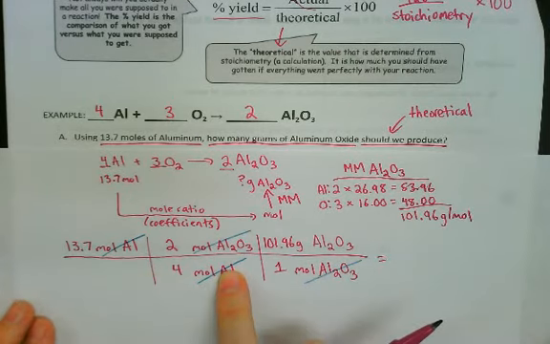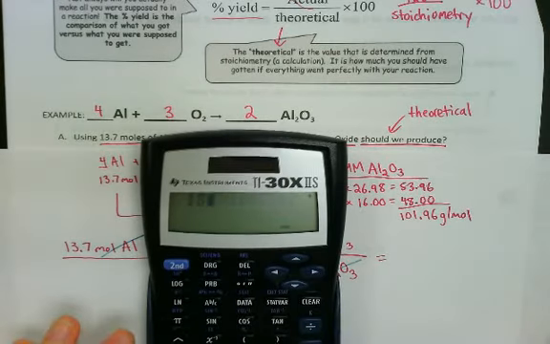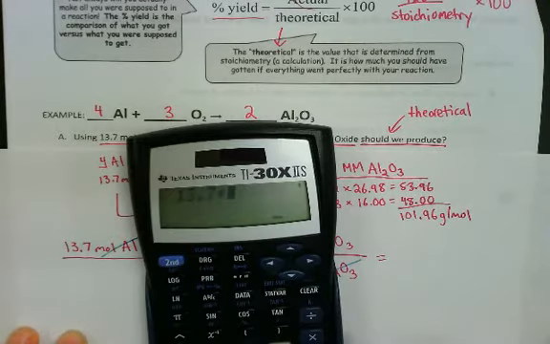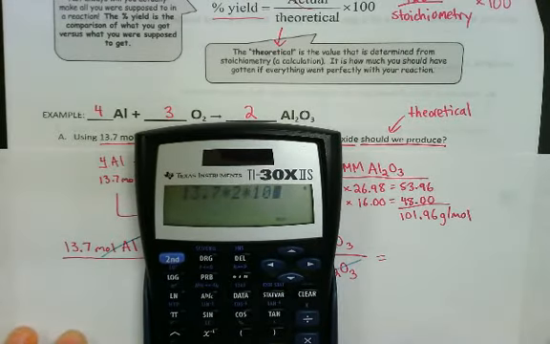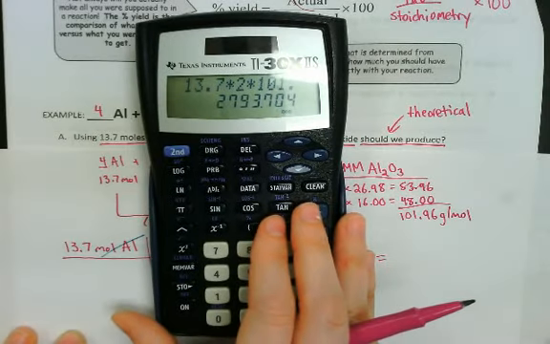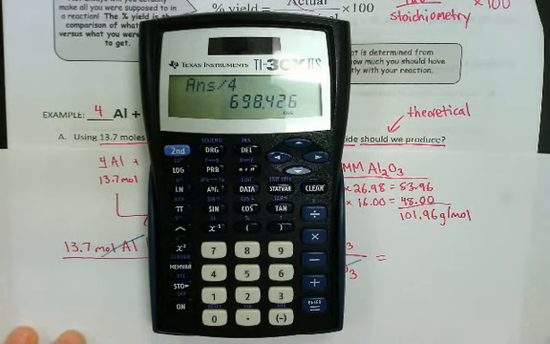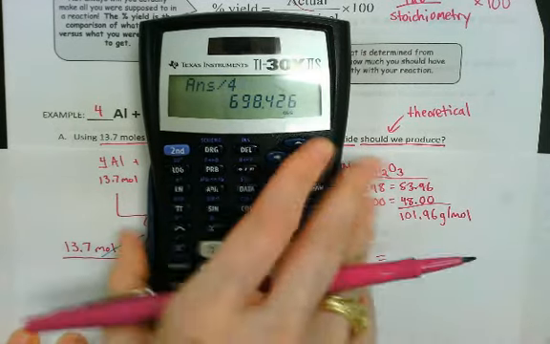So now I'm going to go ahead and type that into my calculator. 13.7 times 2 times 101.96. And then we're going to divide that by 4, because 4 is on the bottom. We get 698.426.